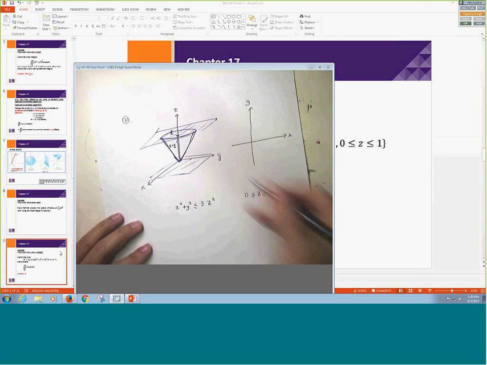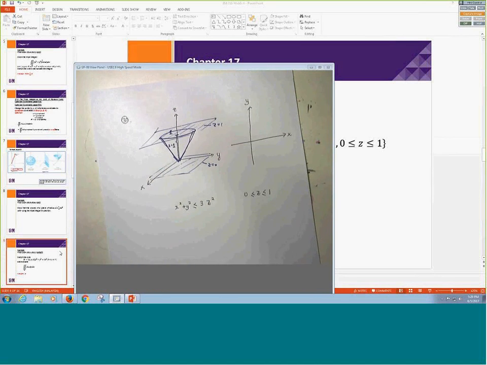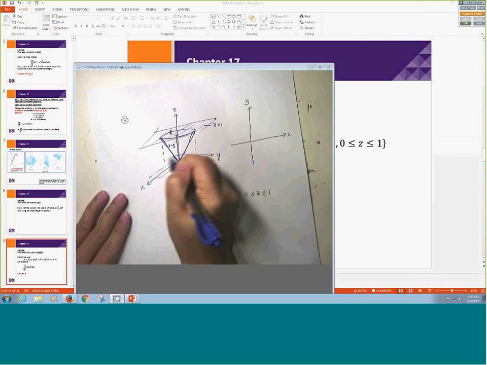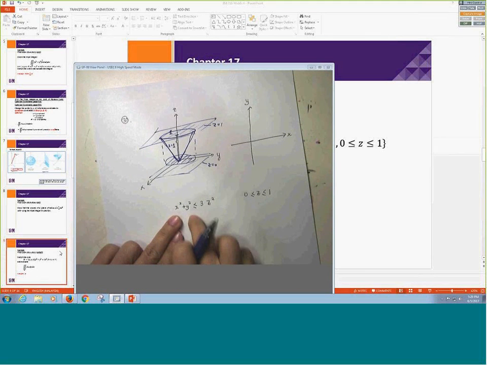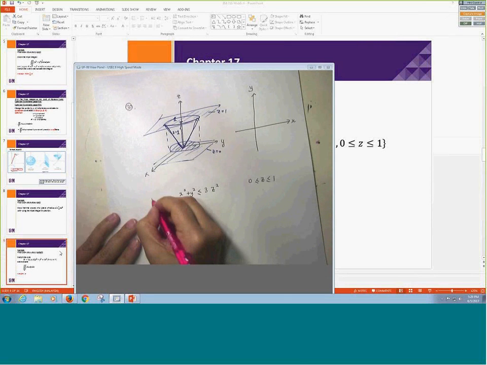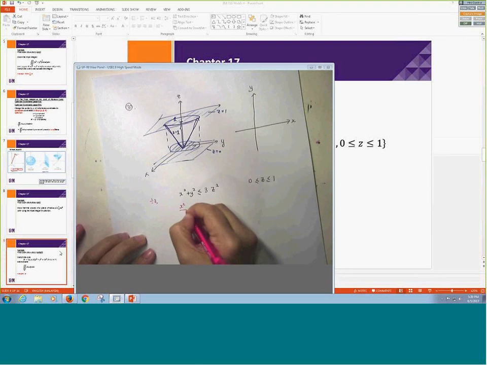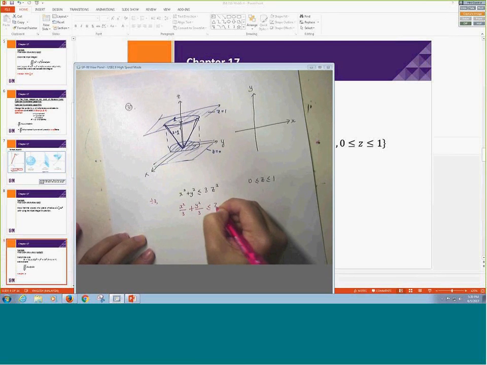The plane z equals 1, z equals 0. Now when you project, is it a circle or an ellipse? Look at the question here. If I divide by 3, that means x squared over 3, y squared over 3, and z squared.